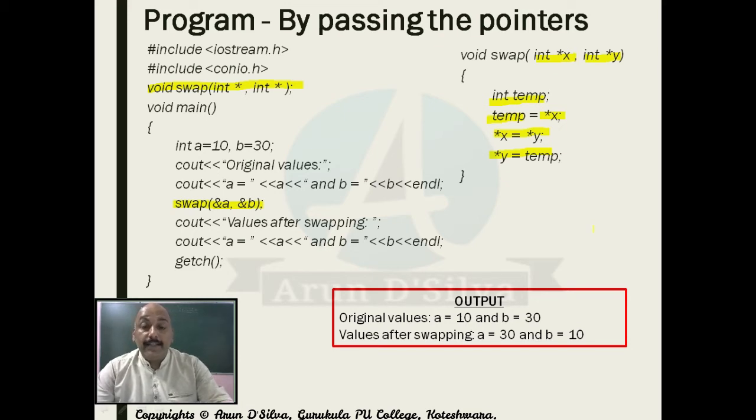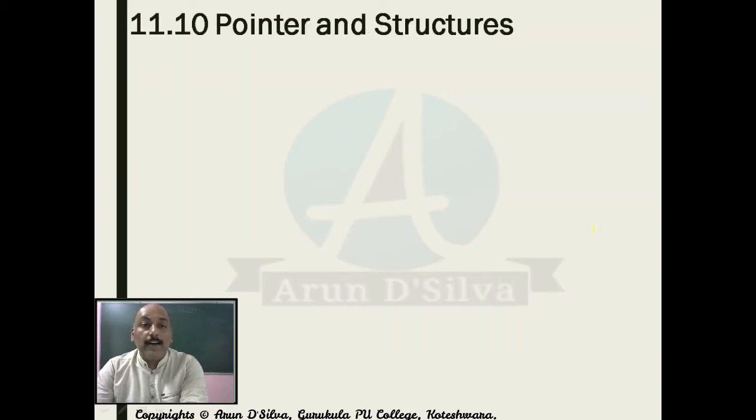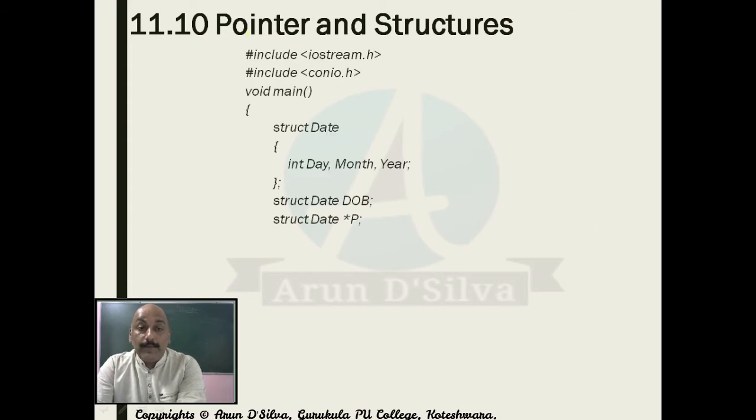Yes, my dear students, let me move to the next concept, that is pointers and structures. Now, how pointers and structures are related to each other, let us see. I'll make this clear by showing an example itself, so that you will get a proper idea. This is one of the simplest programs which I am showing on the screen.